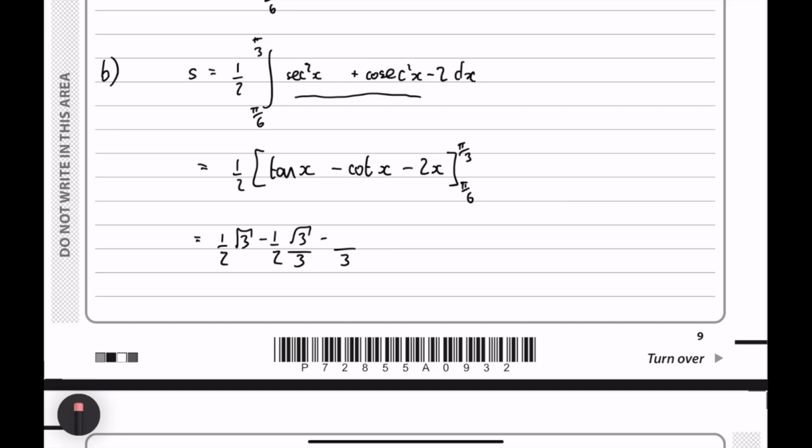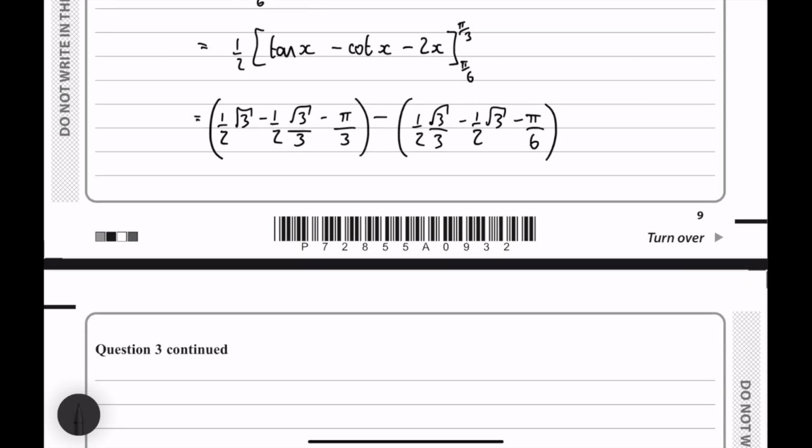Almost forgot that. That's the first one. Minus a half of tan pi by 6, which is root 3 over 3. How convenient, because then cot pi by 6 must be root 3, and then we've got minus pi by 6.